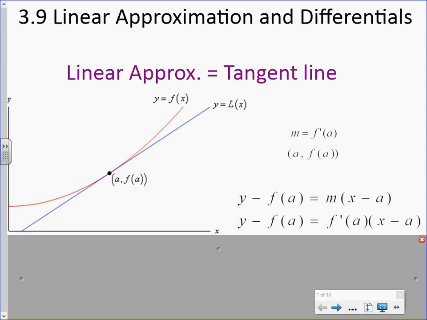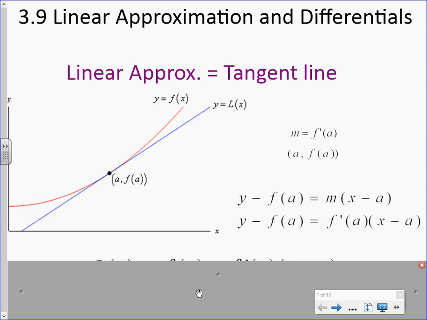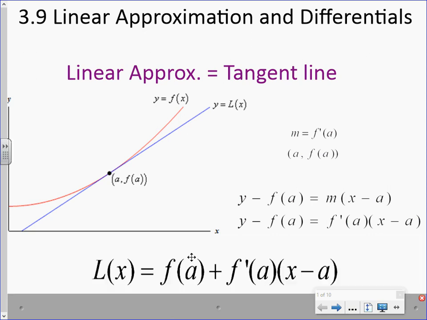So if we were to solve for y, we would essentially just add over that y value, f of a, and all I've done here is I just changed y to be the L of x for linear approximation. Okay? All linear approximation is writing the equation of the tangent line and moving over the y value to solve for y.